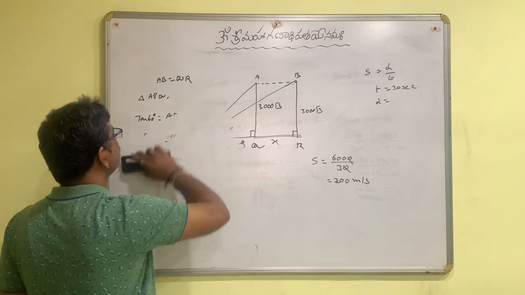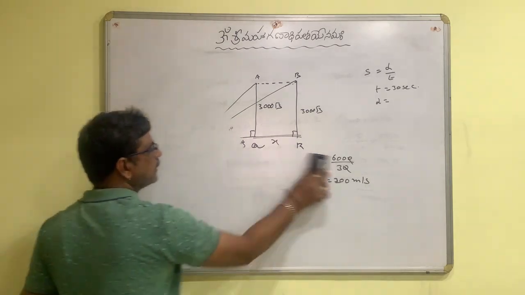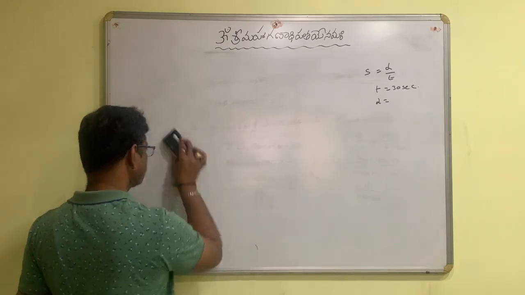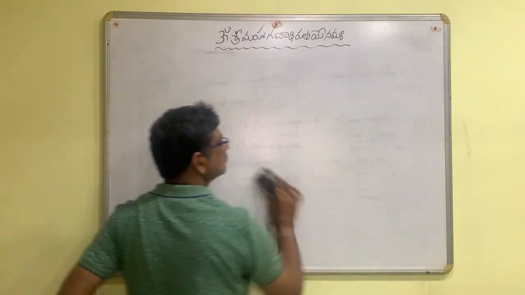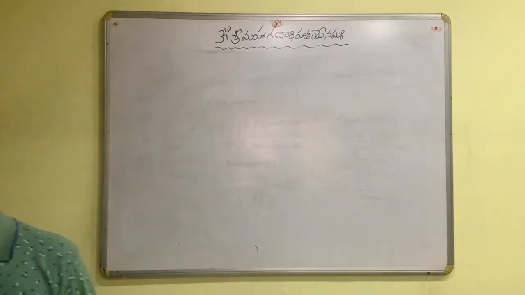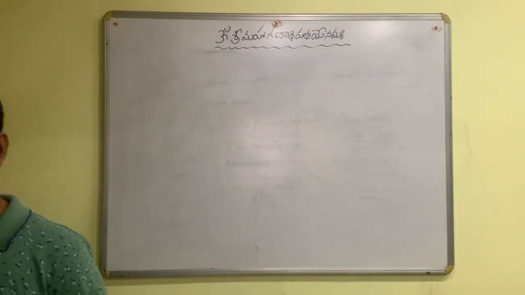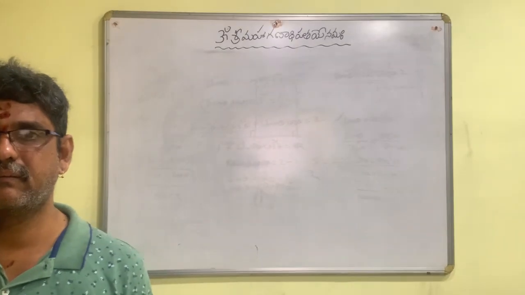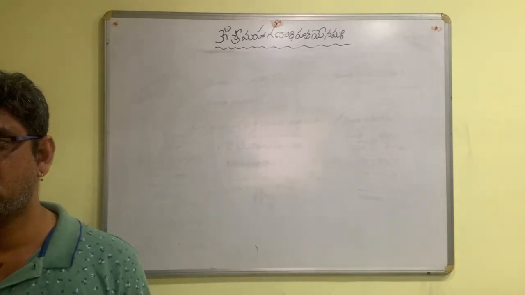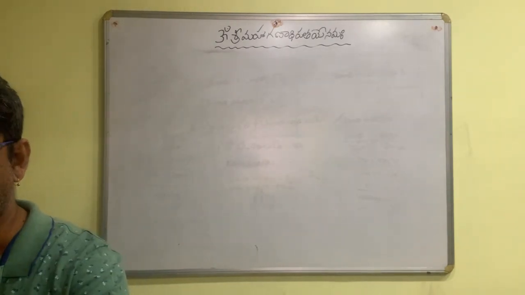Now, any other doubts in paper 2? In paper 2, any other doubts, children? Second sum.